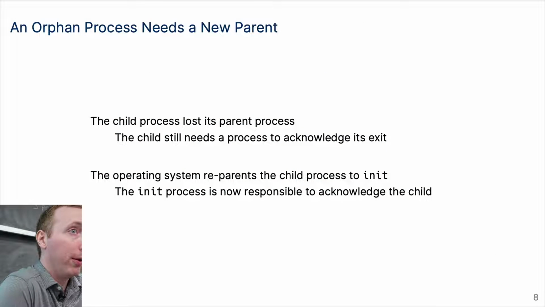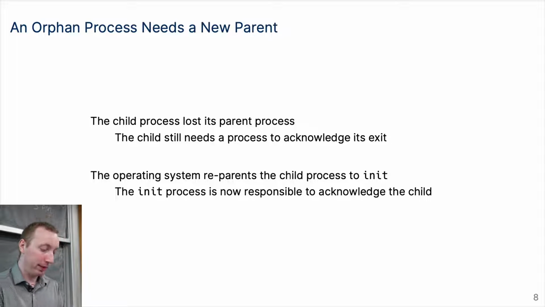All right, so an orphan process, if we go the other way, needs a new parent. So it's lost its parent process, it is no more, and the child process still needs something to acknowledge its exit code.